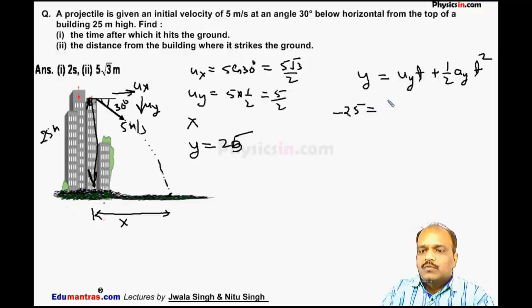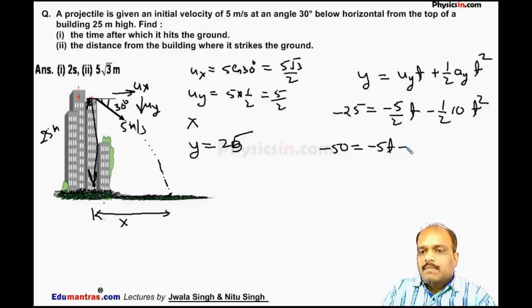That is equal to uy, we know uy is equal to minus 5 by 2 into t plus 1 by 2, ay is minus 10, so I will write here minus 10 into t square. So from here we get minus 50 is equal to minus 5t minus 10t square.